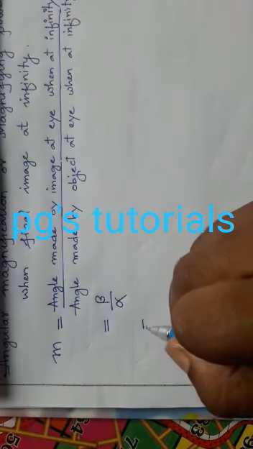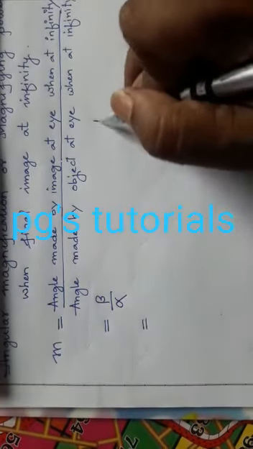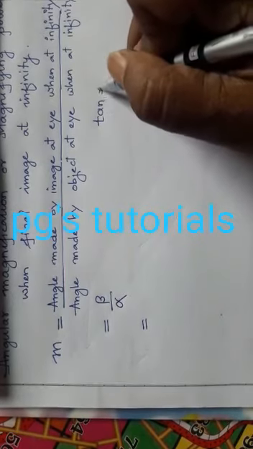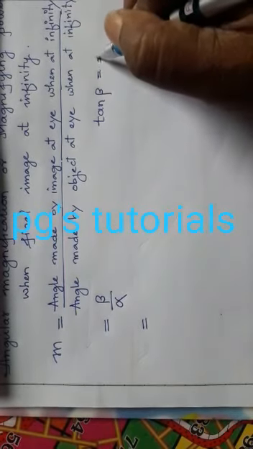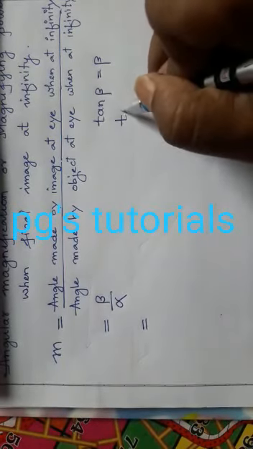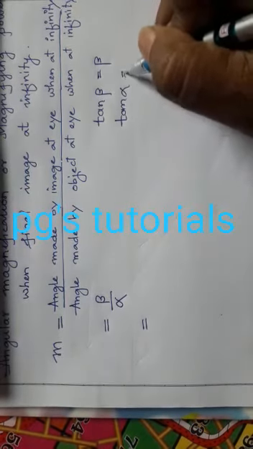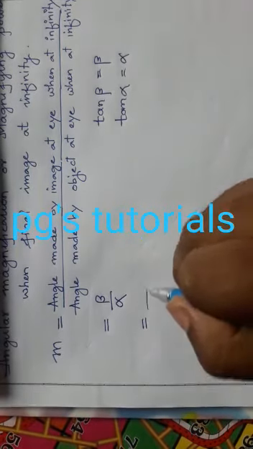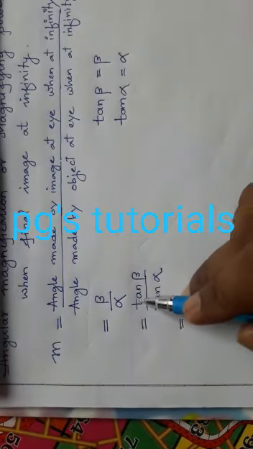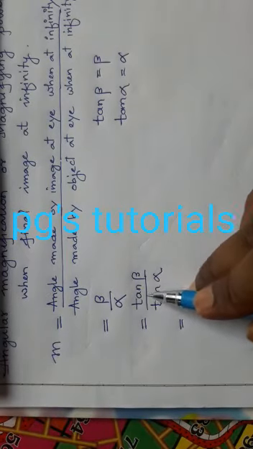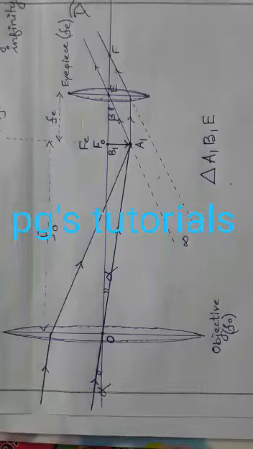Since alpha and beta are very small, therefore tan beta can be written as beta and tan alpha can be written as alpha. Now we'll substitute the values of tan beta and tan alpha from the figure.